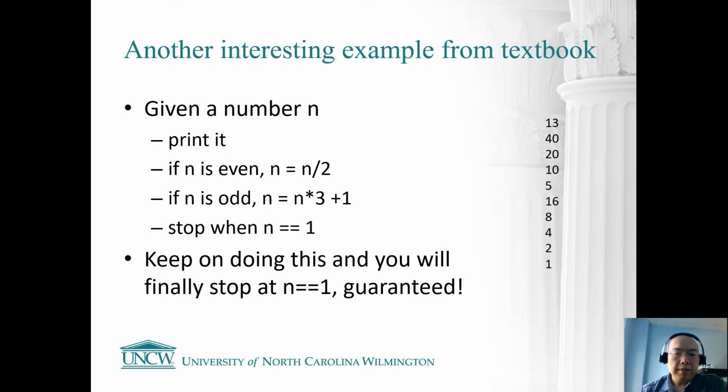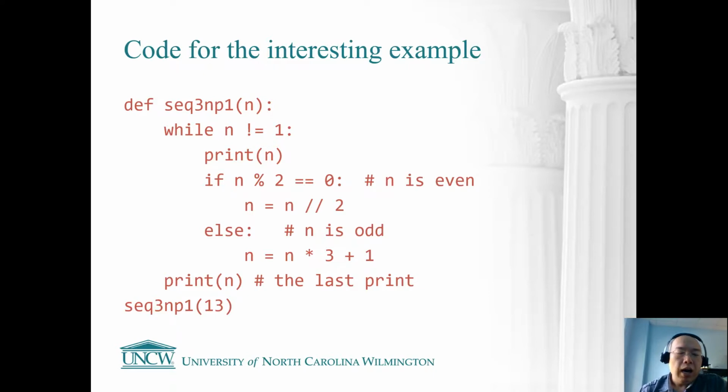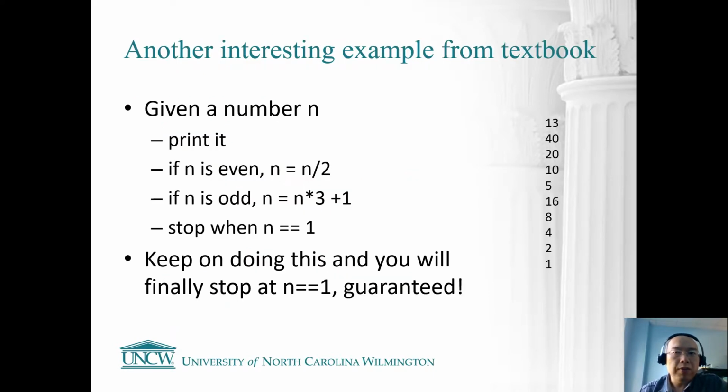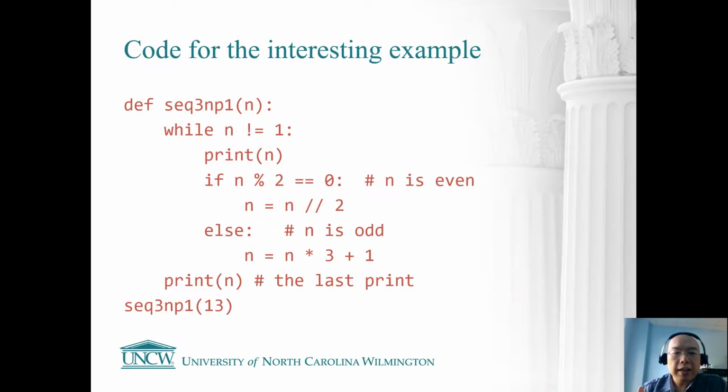Okay, and then the question is, how do we do that? How about we ask this question: is that a definite loop or an indefinite loop? Of course, you see my code, and I did this with an indefinite loop. I'm doing a while, and as long as n is not 1 yet, I'm printing the n value, and then if it is even, I cut the value by 1/2.